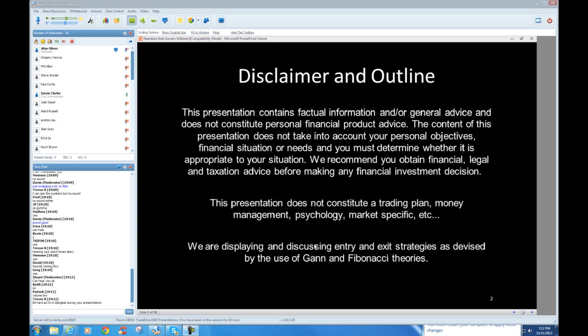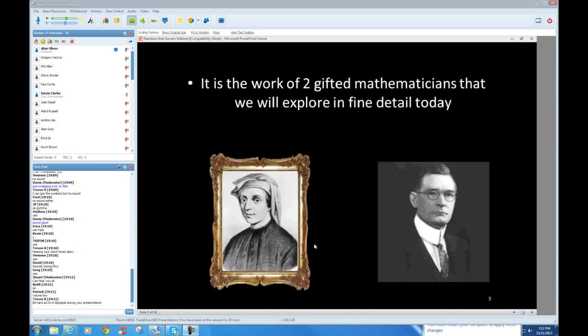What we are talking about here are entry and exit strategies and patterns and techniques which were used by Gann and Fibonacci. So primarily that's what we're going to be looking at tonight. The charts that you see were actually from a program called Market Analyst, and I attended one of their conferences last night, and it was fabulous. They've got a lot of new developments in that program, and it was just fabulous to be there.